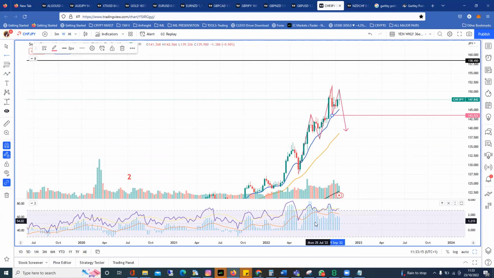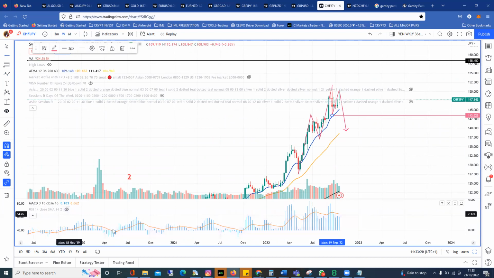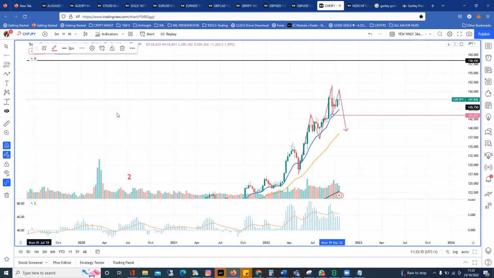And then if you look at it as well, if I hide my RSI and then you look at here, when we peak over here, and then when we peak over here at the same time, we peak on the MACD. And then when we peak over here in price, the MACD did not peak, right?